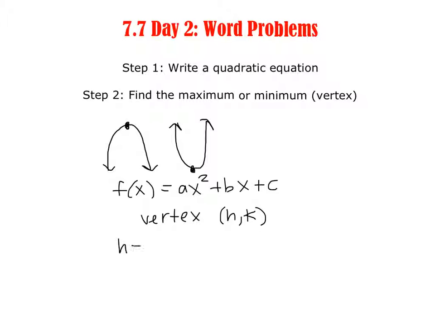We can find h by computing negative b over 2a, and then we can find k by taking whatever answer we get for our h and plugging it back into the original function. So in function notation, I'll write that as f of h. And you'll see how to apply that in the next examples.